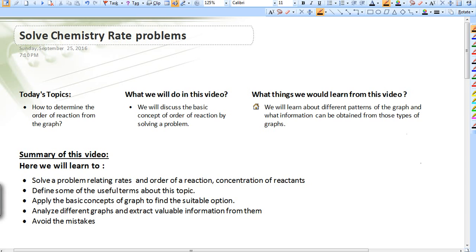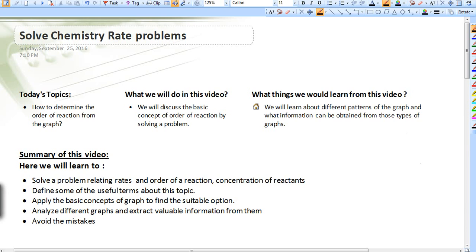What will we learn from this video? We will learn about different patterns of the graph and what information can be obtained from those types of graphs. Let us check out the summary of this video. Here we will learn to solve a problem relating rates and order of a reaction, and concentration of reactants.